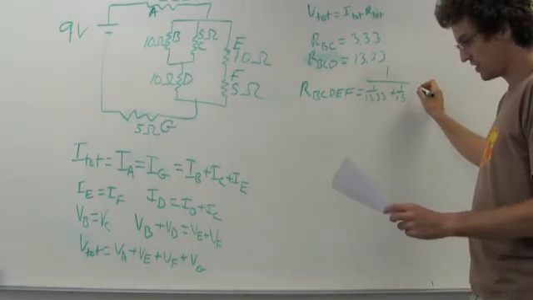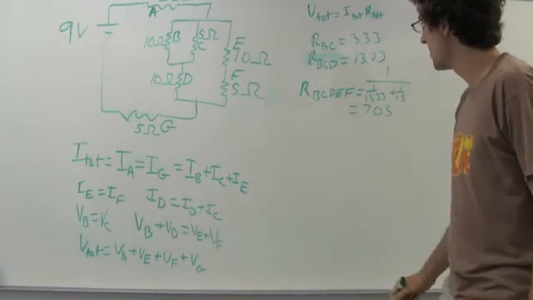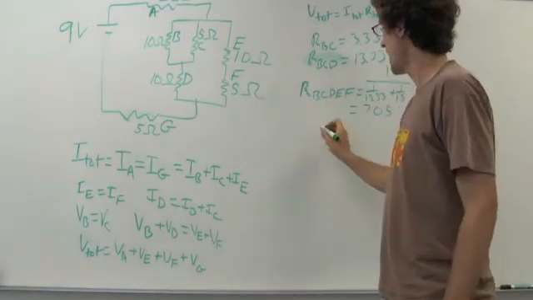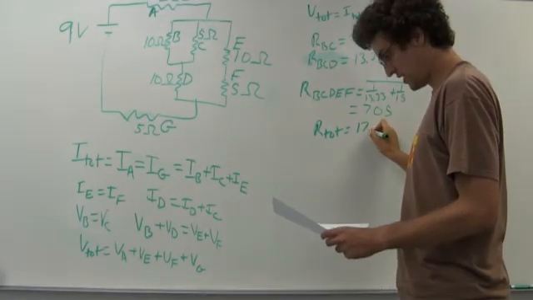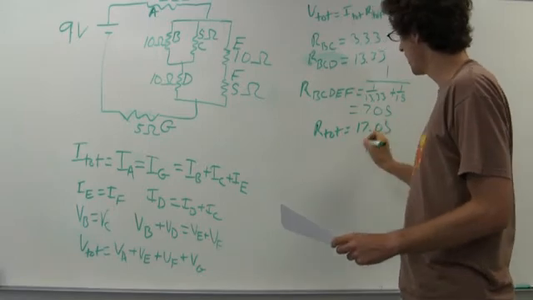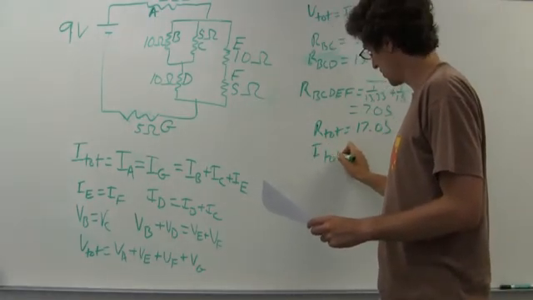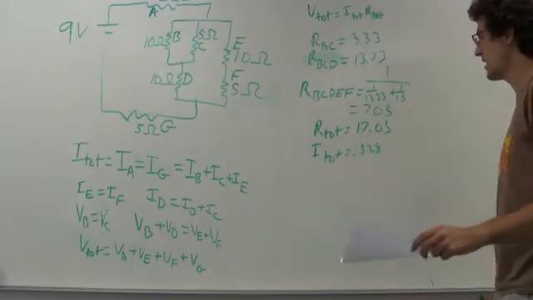And that should give us 7.05. From that we then can add 5 and 5 and we get R total equals 17.05 and that I total is 0.528. Hopefully you guys can get there.